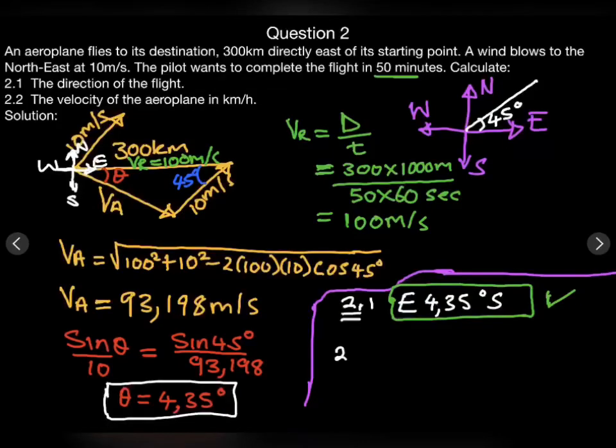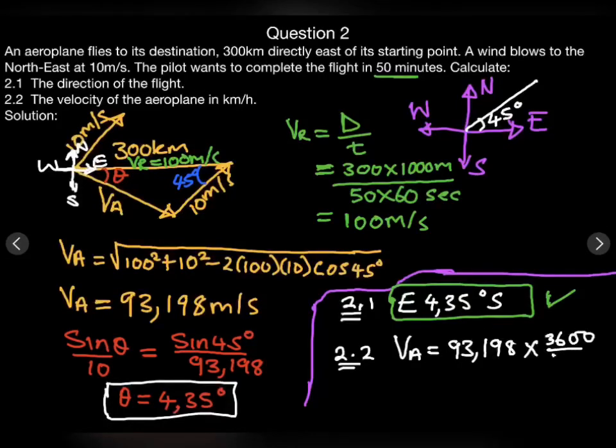Now let's go to the second question. They are saying calculate the velocity of the airplane in kilometers per hour. Already we have the velocity of the airplane, VA, but in meters per second, which is 93.198 meters per second.